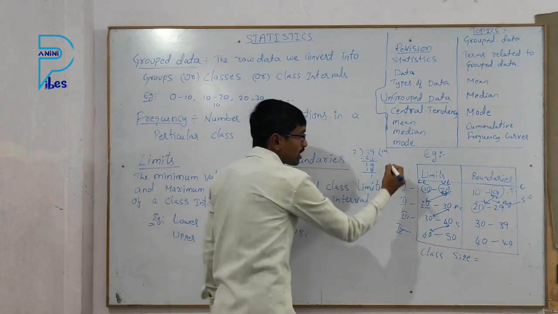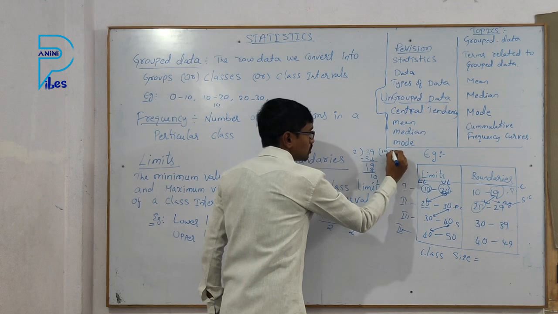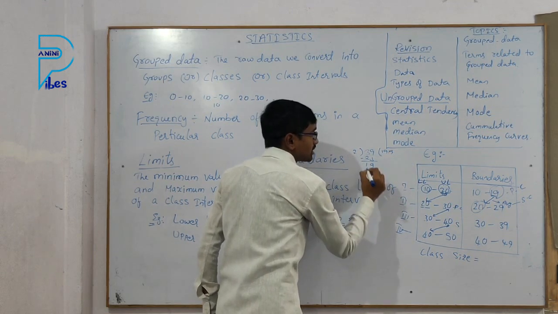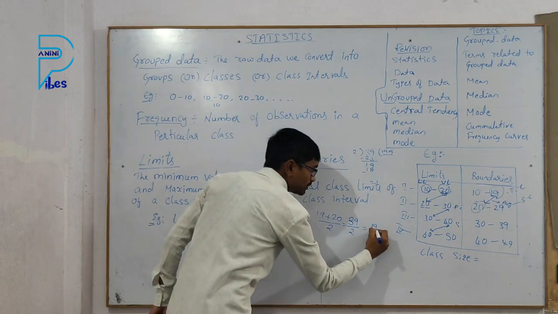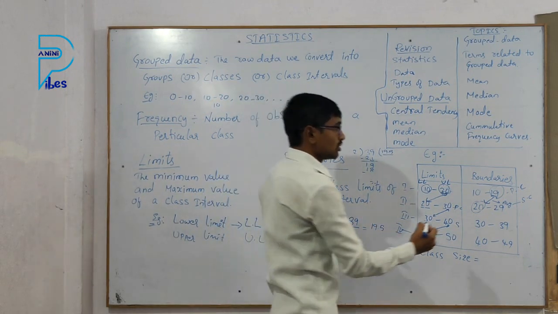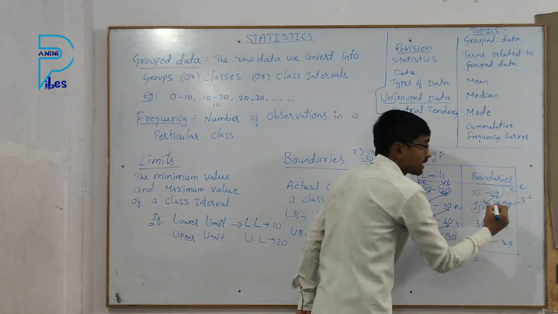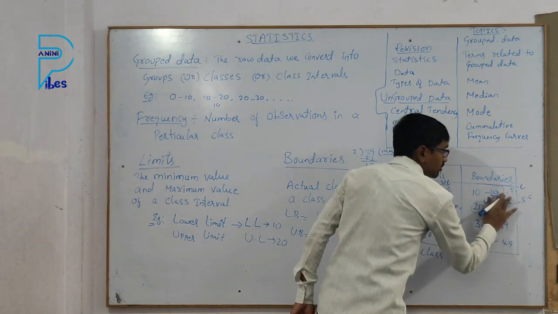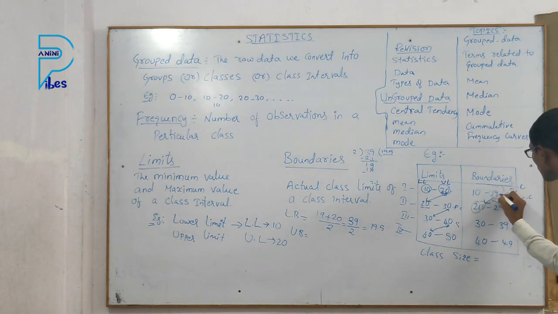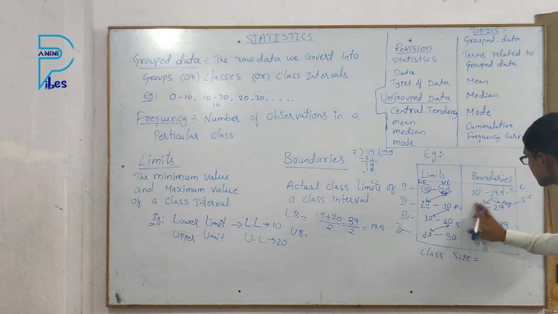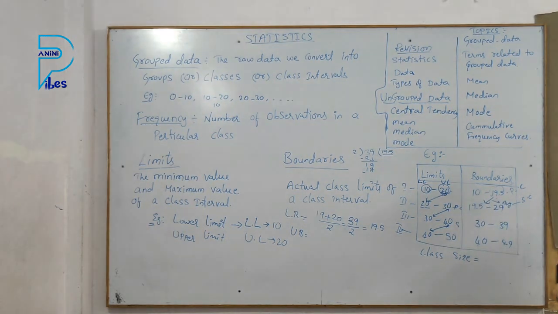I will convert this into decimal form, that is here 0, 2 fives are 10, as remainder is 0, so the answer is 19.5. So we can convert this as 19.5, and same here as 19.5. Okay, now they both are same.